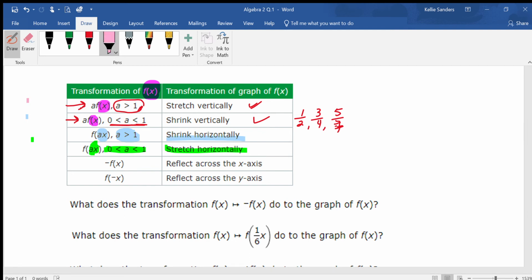If every single number is made opposite because of the negative, we're going to reflect about the x. If just the x part is made opposite, we're going to reflect about the y.